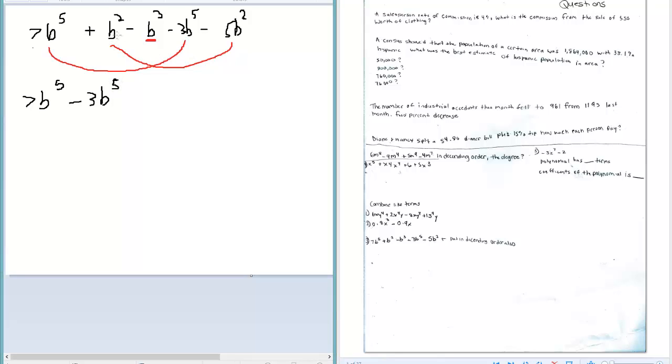Next, we take b to the degree of 2 as well as -5b to the degree of 2. So this will be b to the degree of 2 minus 5b to the degree of 2. And of course, -b to the degree of 3 remains by itself.